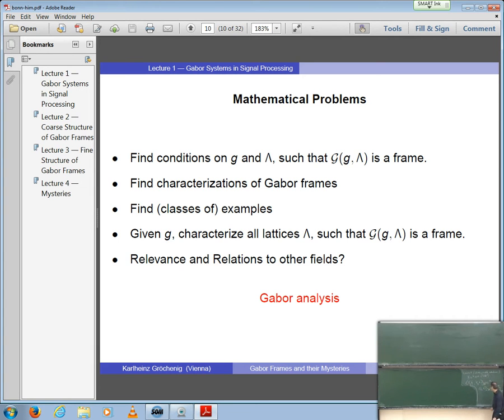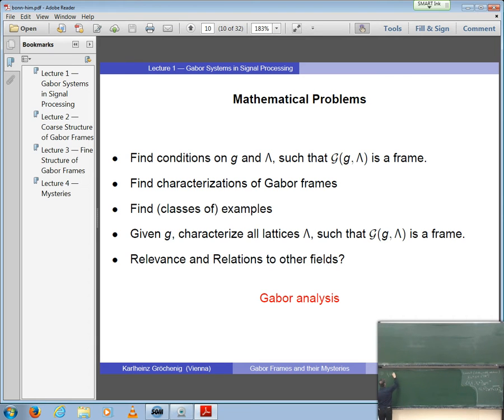So, proof of this: essentially it's the Plancherel theorem. But for that, let me write down the short time Fourier transform.